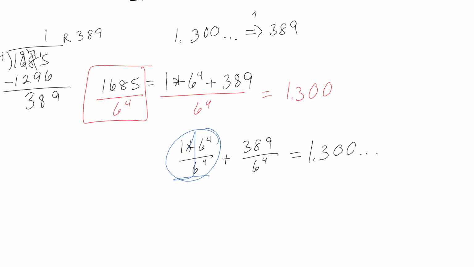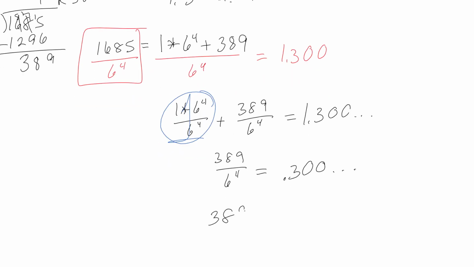If I subtract 1 from both sides, I get 389 over 6 to the 4th is equal to 0.300 something or other. So the way to get the 389 is to take that decimal part and multiply it by 6 to the 4th.